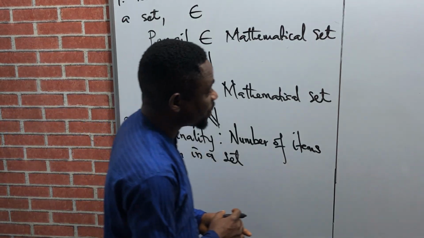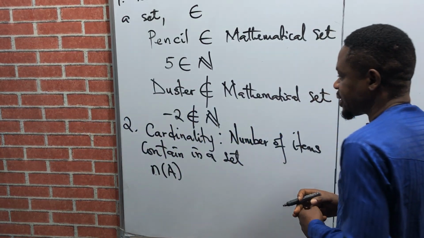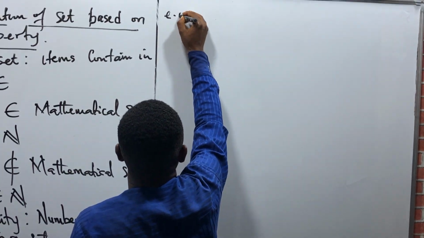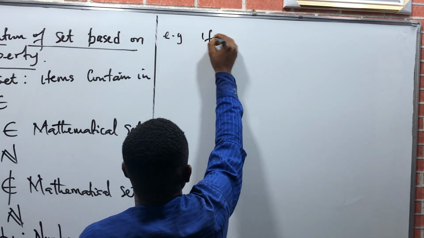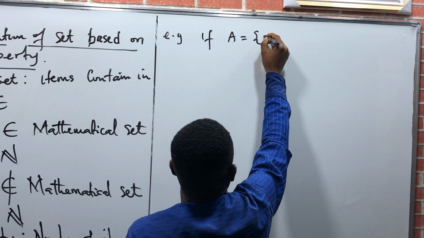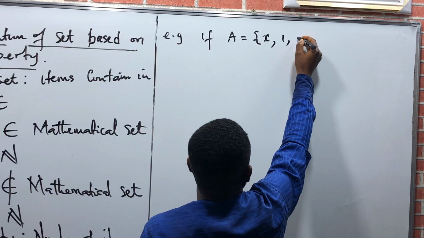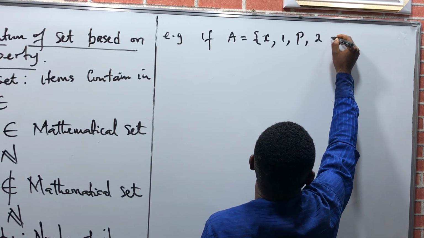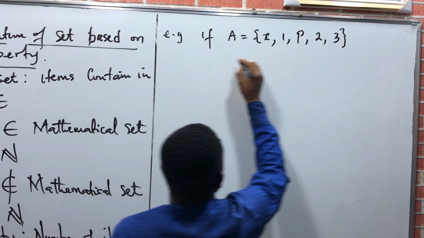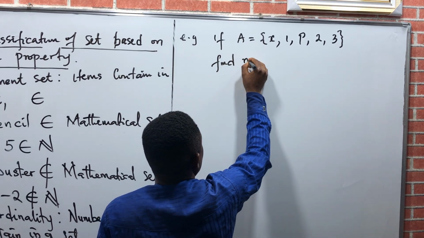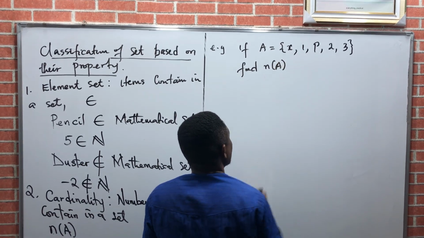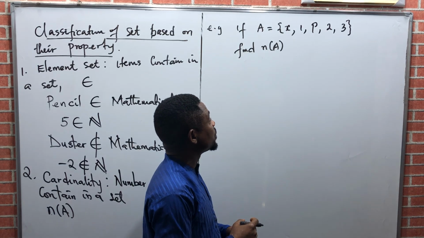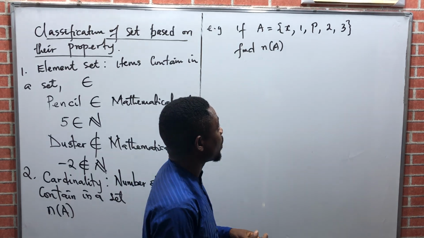So permit me now to solve one example on cardinality of sets. For instance, if set A is x, 1, p, 2, and 3, and the question says find n(A). To find n(A) means we are looking for the cardinality of set A. We don't need any much protocol to solve this problem.